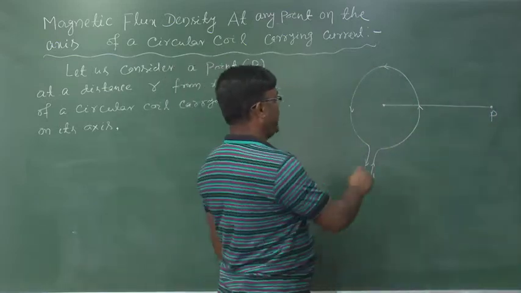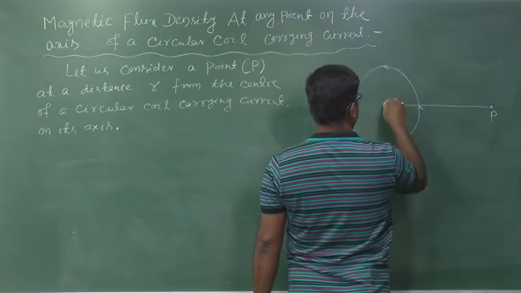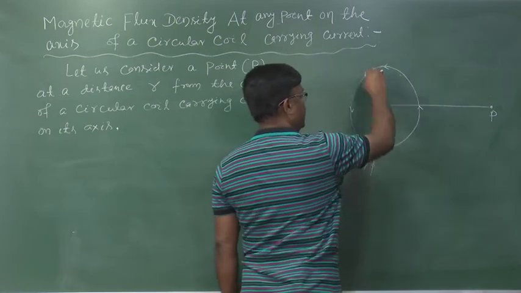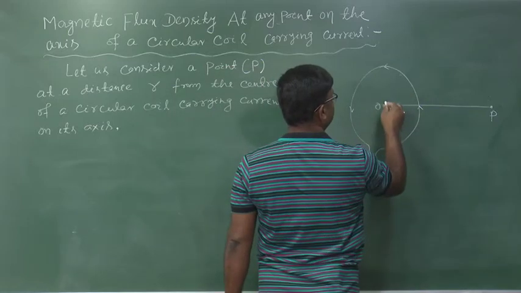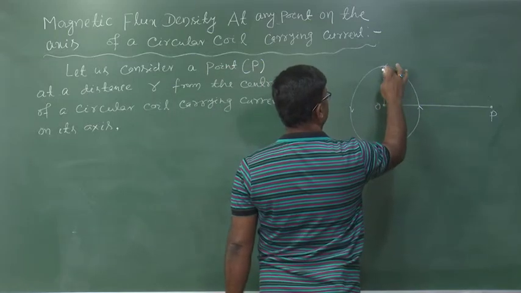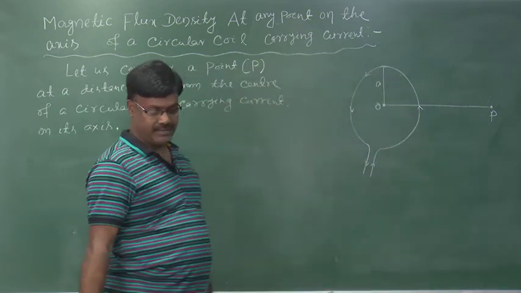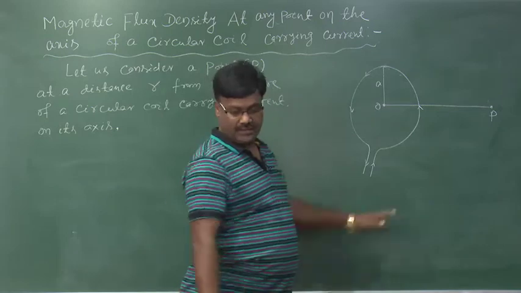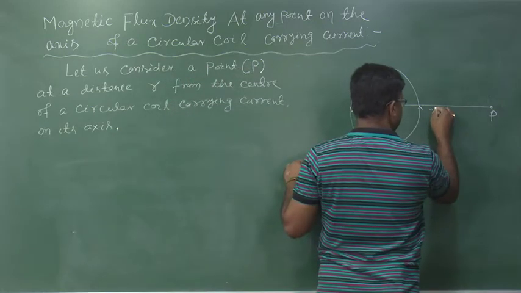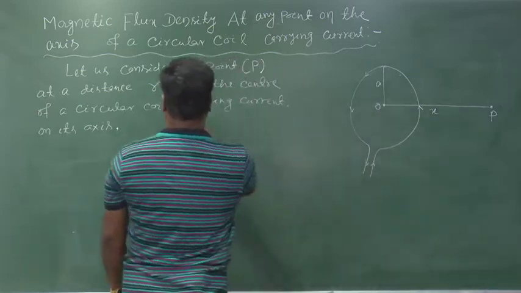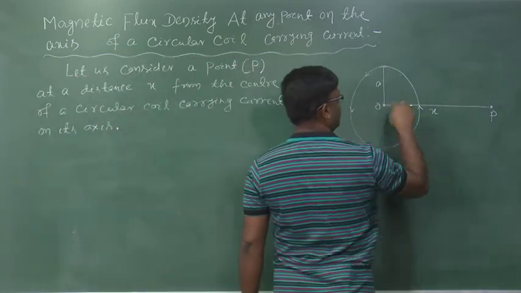Here we have considered a circular coil of a radius equal to a, and let the point P be situated at a distance x from the center of the coil.